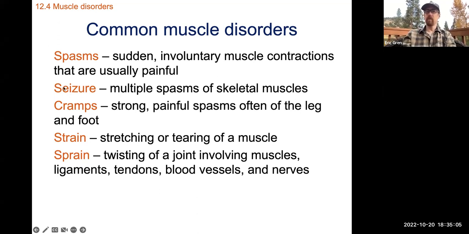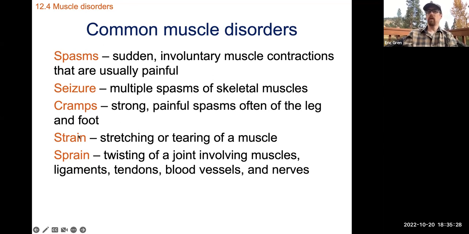Seizures, a lot of times seizures are more of a neurological issue where those nerves are sending impulses to the muscles when they're not supposed to be, causing unwanted contractions of the muscles, causing a person to seize.